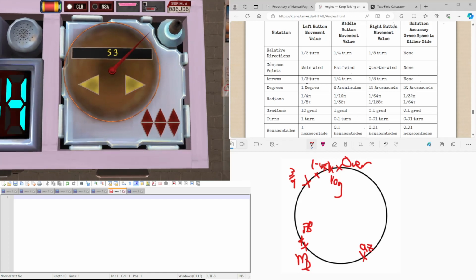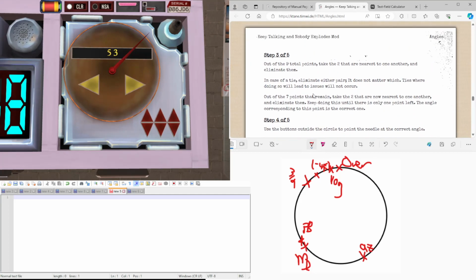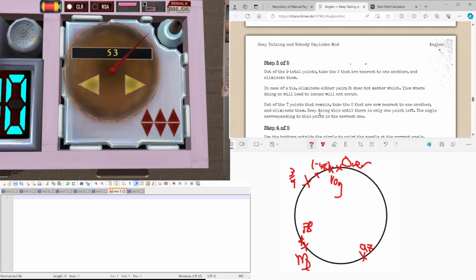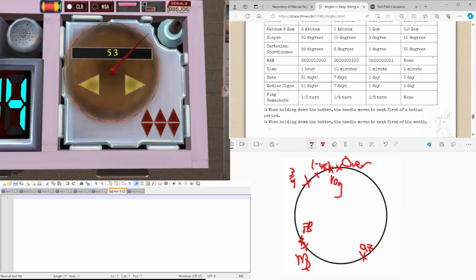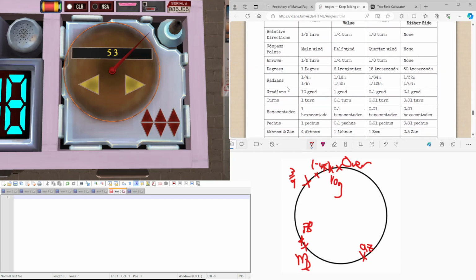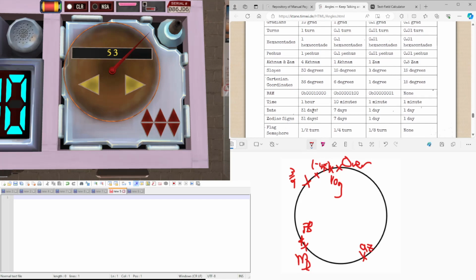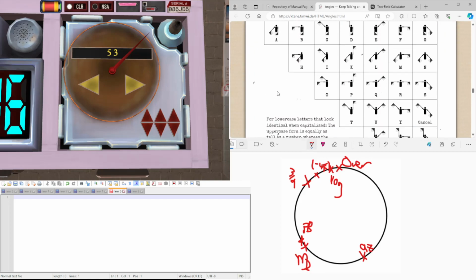We have 5-3, which is a date. So remember this, and going back to how dates work.